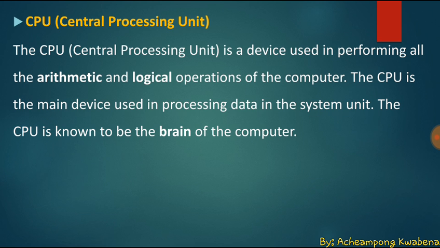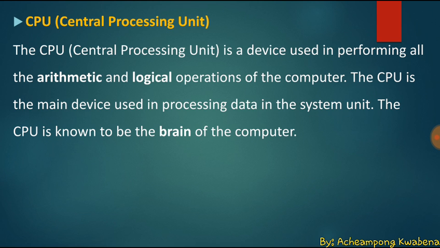The CPU is known to be the brain of the computer. So the CPU is the device that helps in processing data into information. When we type in data into the computer, or whenever we start typing on our keyboard, the data that goes into the computer are what we refer to as data.